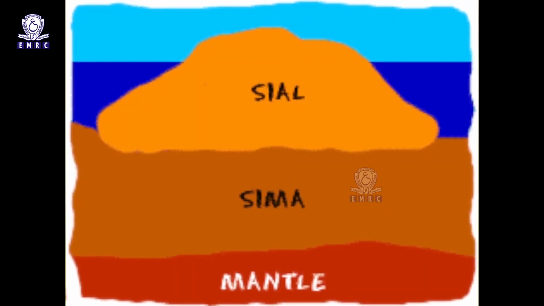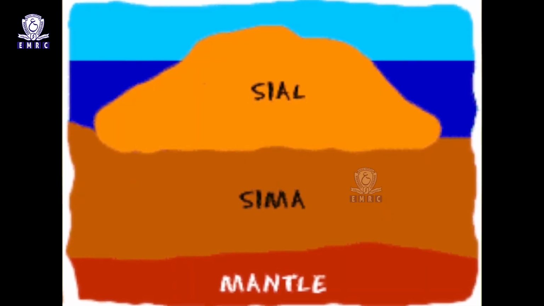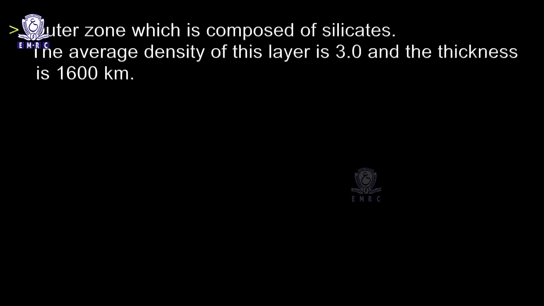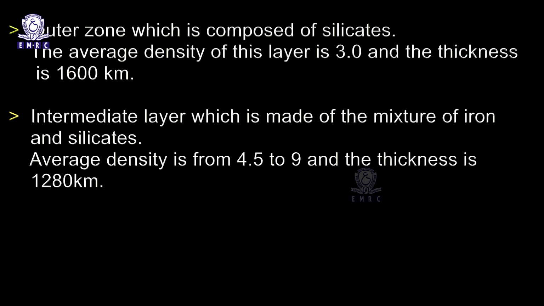Based on the thickness, density and depth, Daly recognized 3 layers. The outer zone is composed of silicates. The average density of this layer is 3.0, thickness is 1600 kilometers. The intermediate layer is made up of a mixture of iron and silicates.